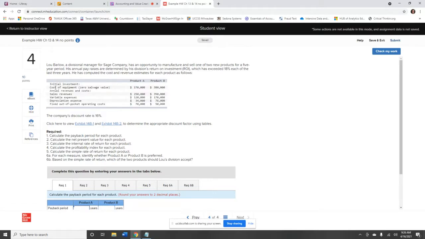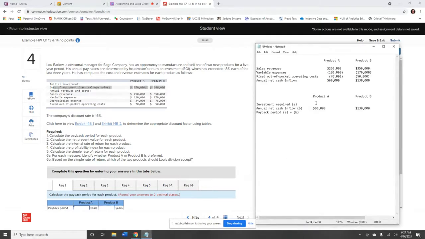So there's zero salvage value, so we don't have to worry about that. Don't have to add anything back in at the end, take the time value of money at the end and add it back or anything like that. So 170 for product A, 380 for product B. And product B costs us 380, so considerably larger investment.